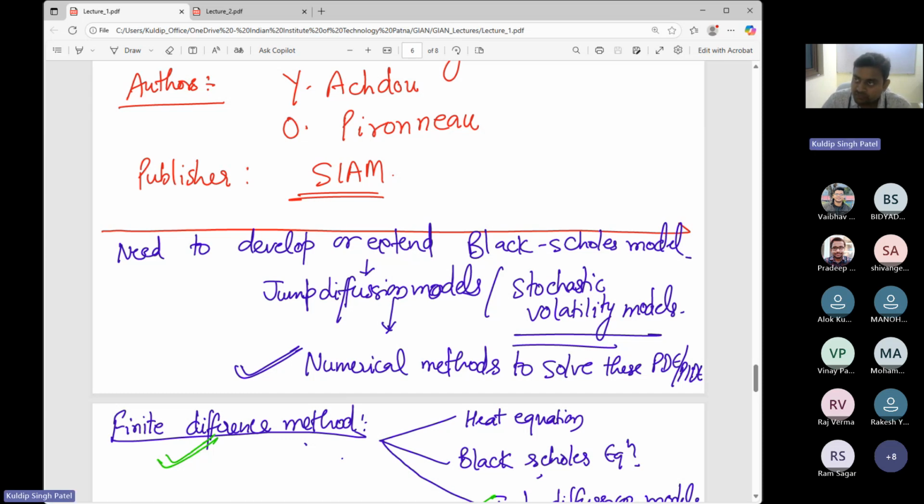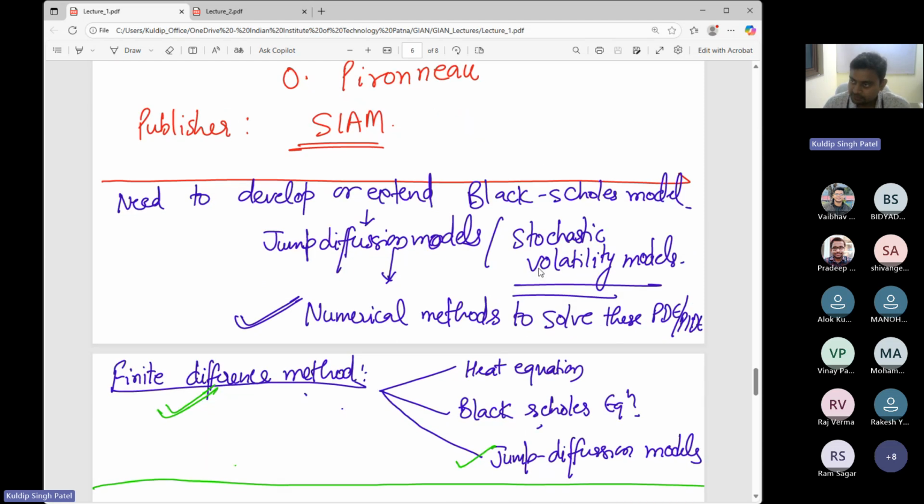But at the same time, we observed that if you extend the Black-Scholes model, it is difficult to find the closed form solution of those. That clearly says that now we need to go for numerical methods.